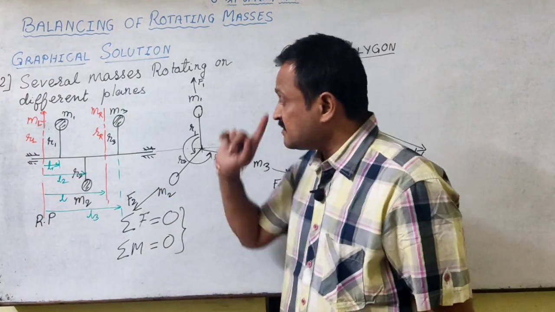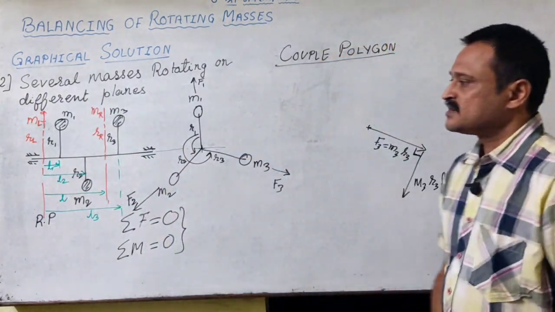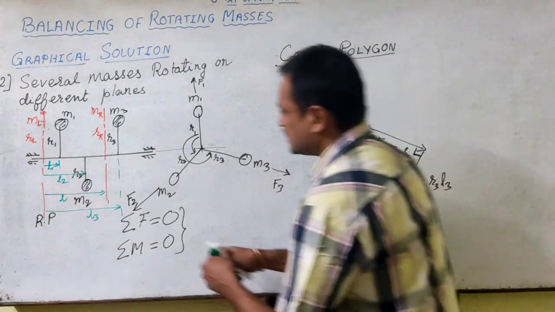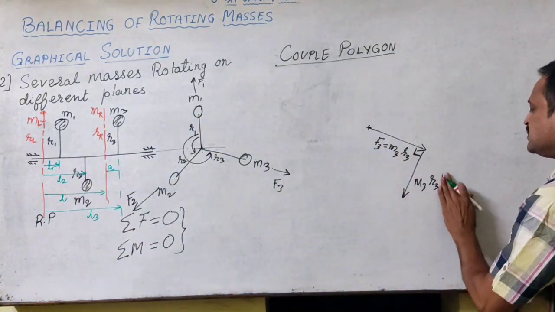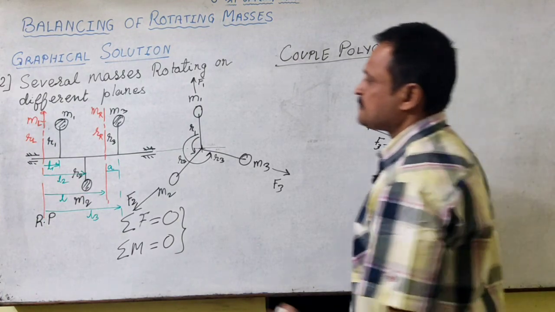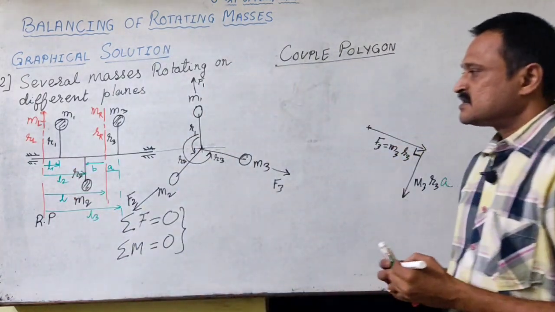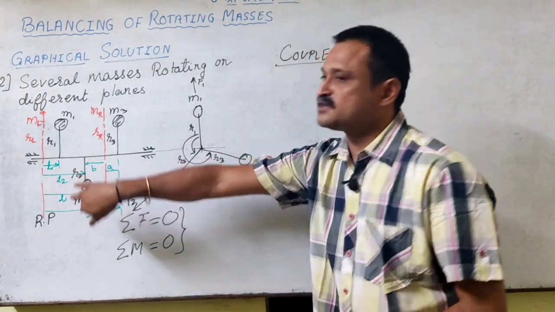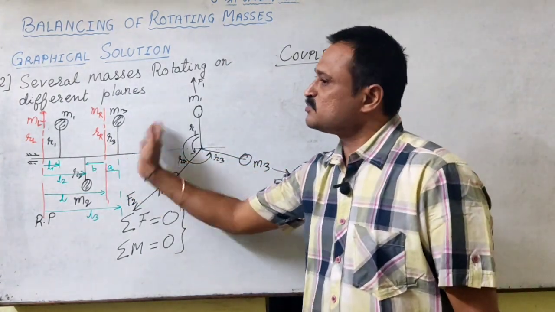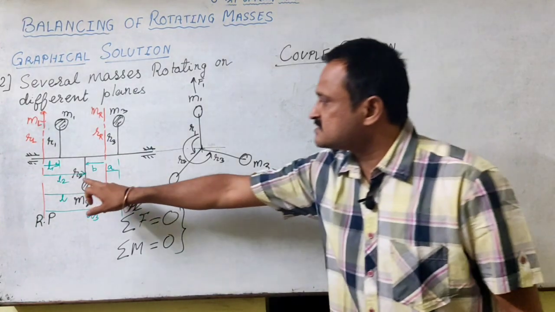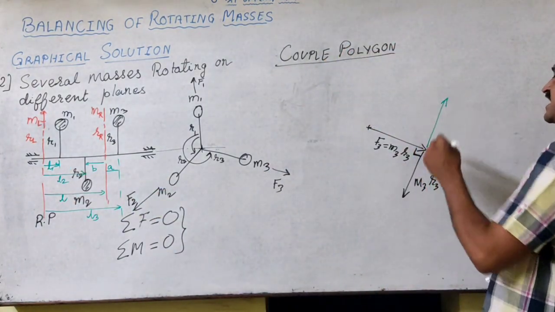Now with reference to what? With reference to the MR we have considered, right? So not L3, in that case it will be this distance, let us say this is A, so it will be this value A, and the distance of R2 is some value B. Now this mass is opposite to that plane and is rotating in the same plane. So when it is opposite to that reference plane, the couple vector for R2 will be in the opposite direction too.